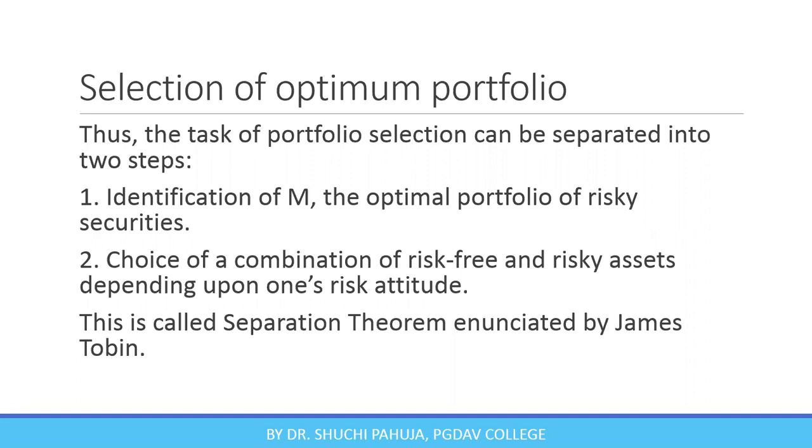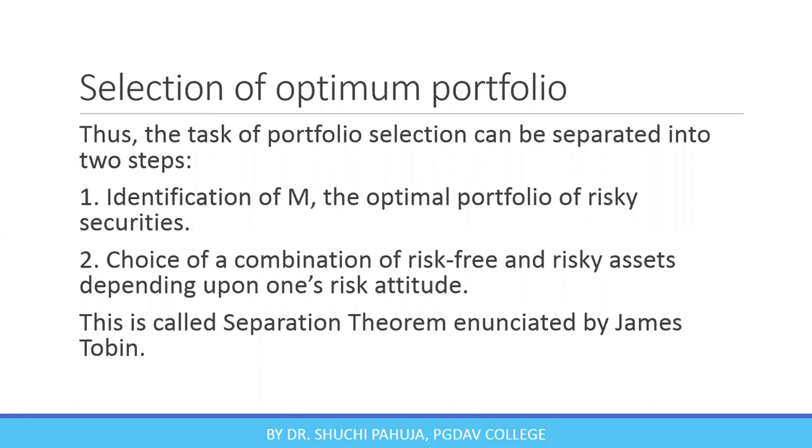And after that, depending upon your risk attitude, you will select a combination of risk-free and risky assets. This is termed as separation theorem because entire portfolio selection process is separated into two steps. This is known as separation theorem given by James Tobin, right? This is regarding theory of CML.